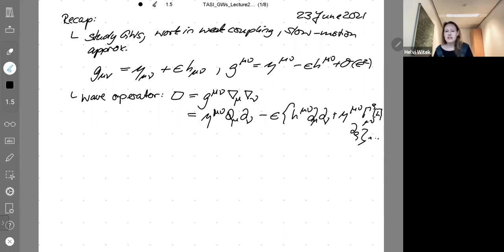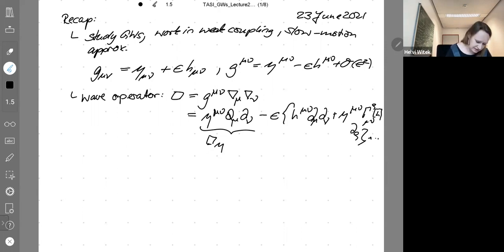Since we are interested in the first order corrections, if you apply this wave operator on our metric, then only the first term will contribute. Let me label that as Box η. I think the confusion yesterday arose because I was a bit lazy and didn't write this subscript. Let me be more consistent today and refer explicitly to the flat space wave operator.